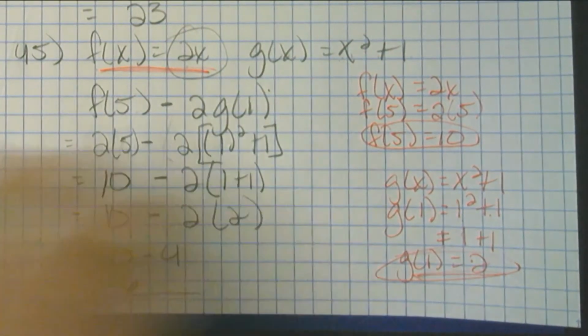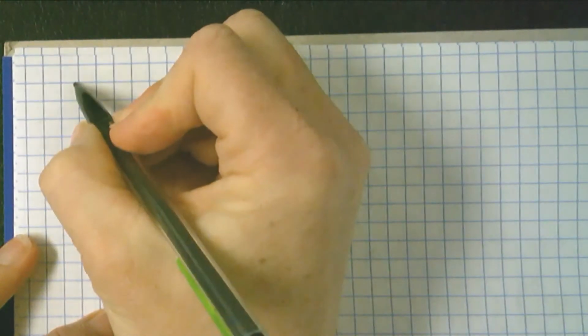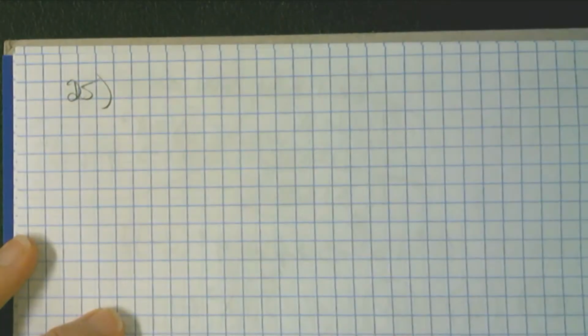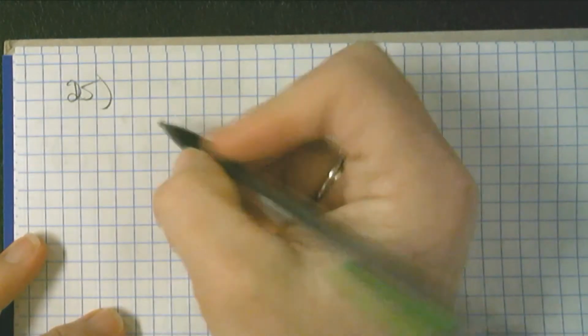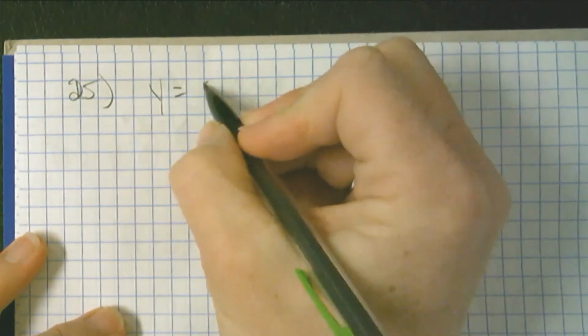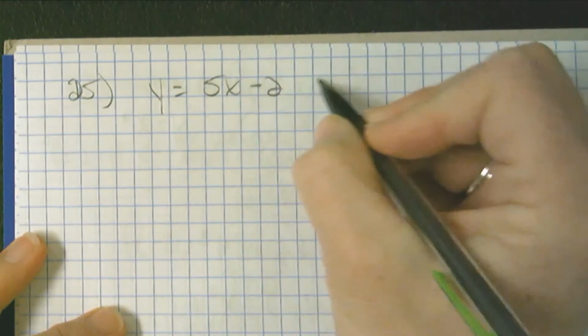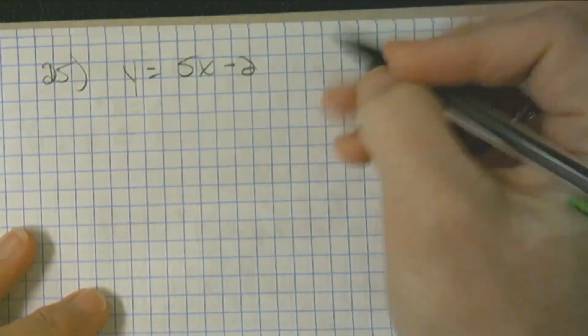Sam? I take a look at 25, 25 said, I have the function rule y is equal to 5x minus 2, and I want to evaluate it for this domain.